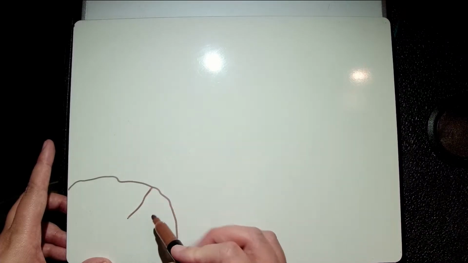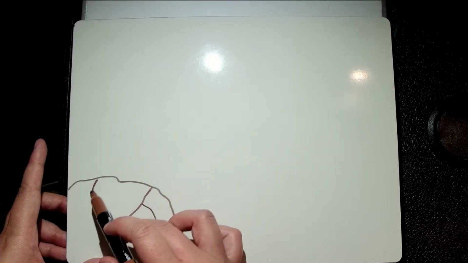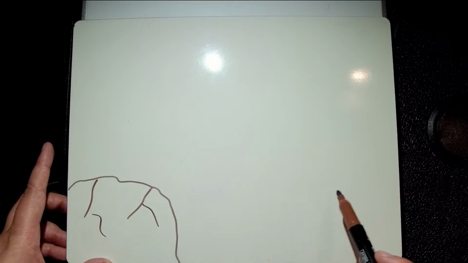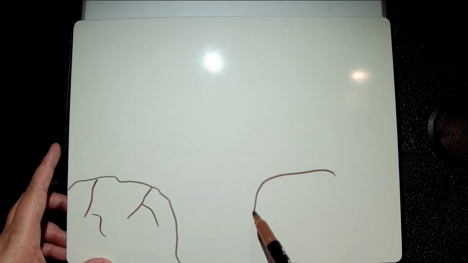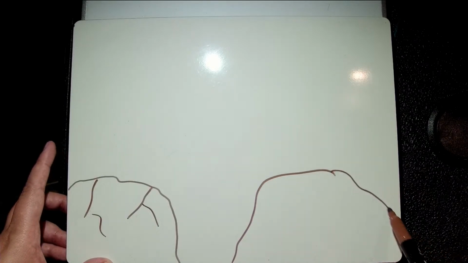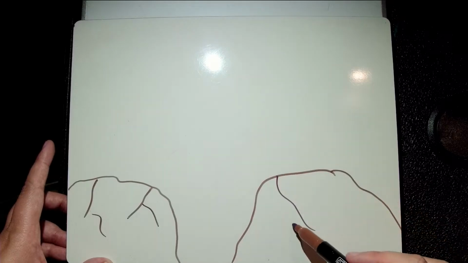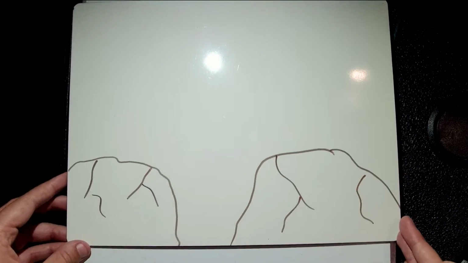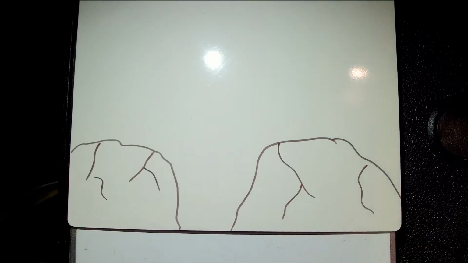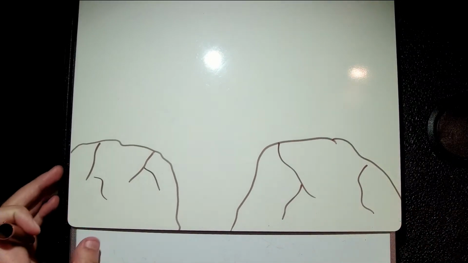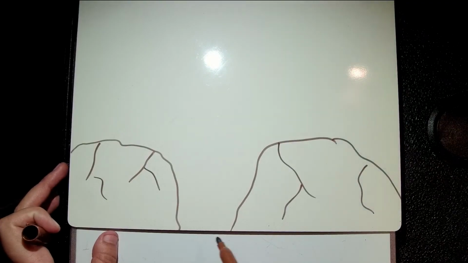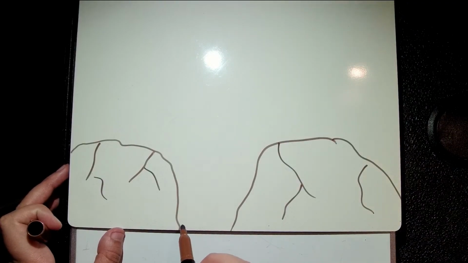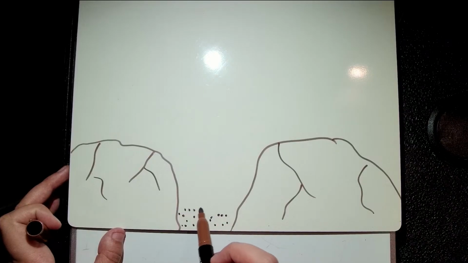They have all these different little cracks and crevices in them. There's another big boulder. Okay, so I've got my big boulders. And you might also have noticed that the very bottom was sand. So you could draw in your sand.